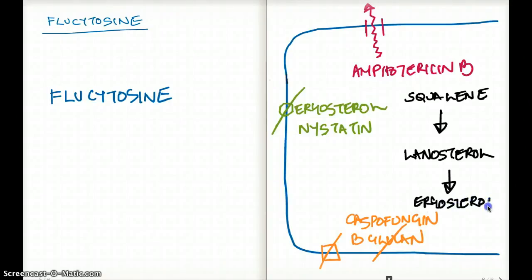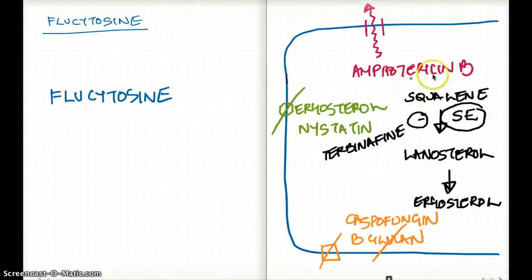The enzyme that converts squalene to lanosterol is squalene epoxidase, and this is inhibited by the drug terbinafine. Terbinafine inhibits squalene epoxidase, which prevents the conversion of squalene to lanosterol.